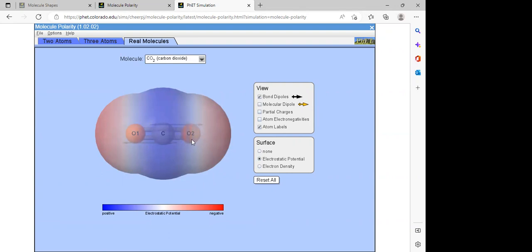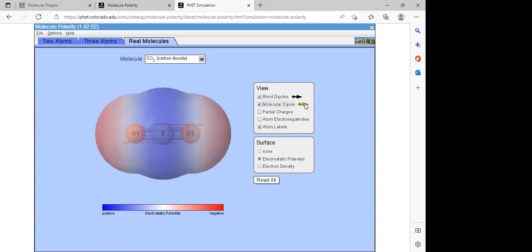Oxygen is more electronegative. But look at this: oxygen's pulling to the right. This is a linear molecule, correct? This oxygen's pulling to the right. This oxygen's pulling to the left. What's the net effect? Non-polar.